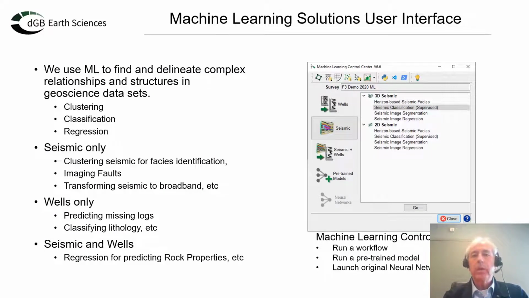This is the user interface side of the system. So we have workflows for clustering, classification, and regression of well data only, of seismic data only, or of the combination of seismic and wells. And then we have this library of pre-trained models.